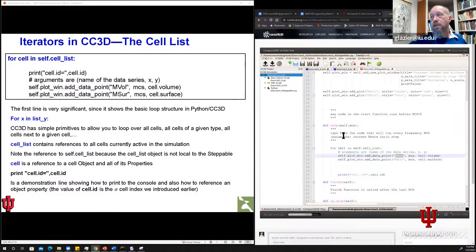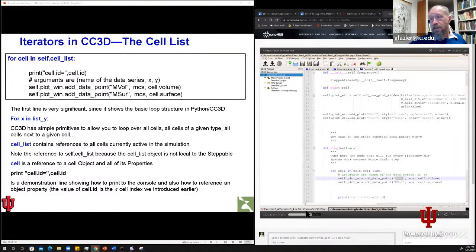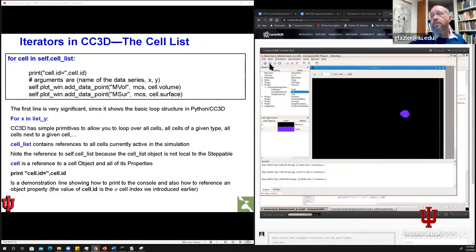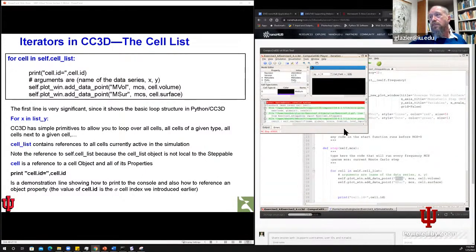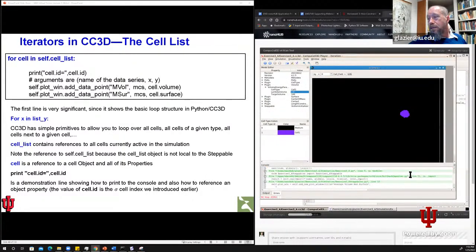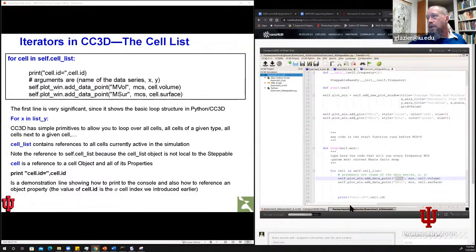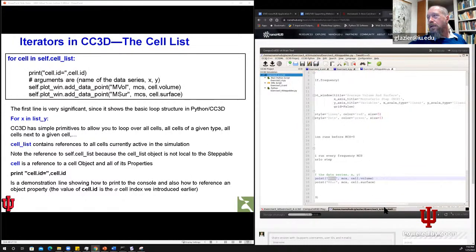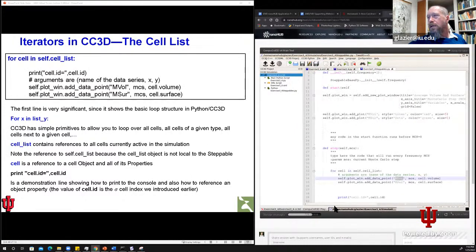If I run this, it should run. So let's see what happens. Traceback. All right. Invalid syntax. Which crashed.